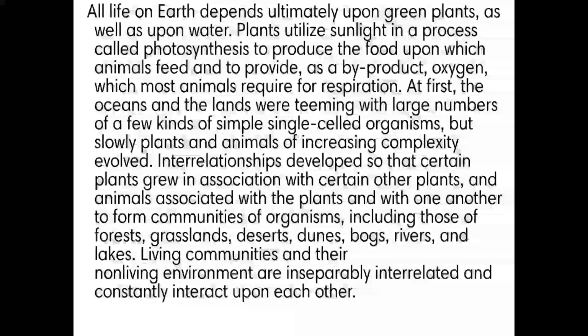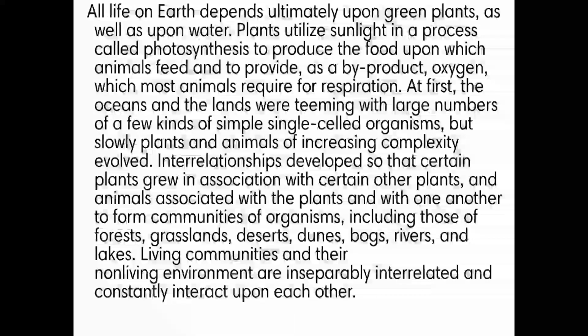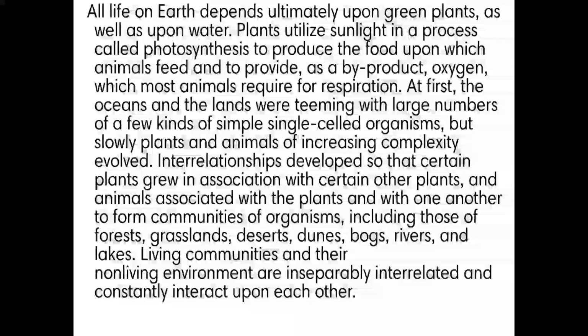At first, the ocean and the land were teeming with a large number of a few kinds of simple single-cell organisms, but slowly plants and animals of increasing complexity evolved.